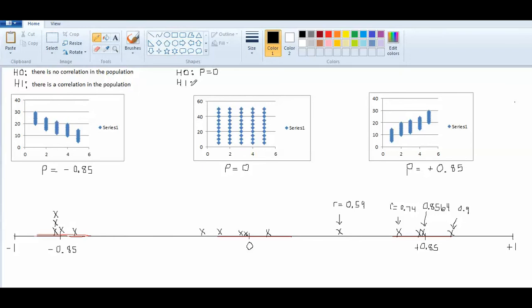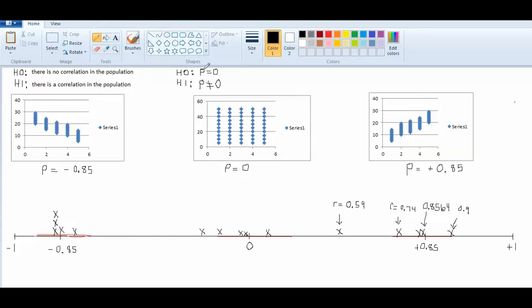H1 says that the population correlation coefficient is not 0. It's some number other than 0. Because if the population correlation coefficient does not equal 0, then that means that there is some correlation in the population, either negative or positive.